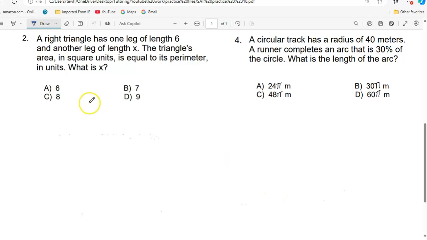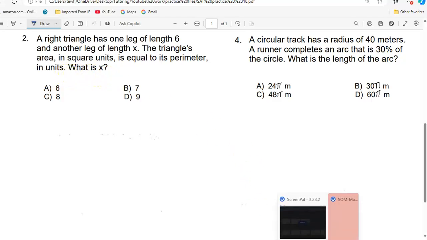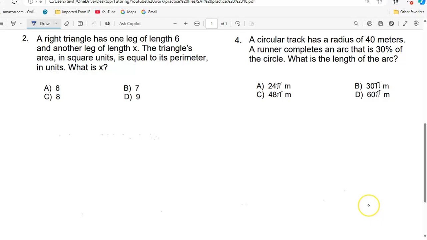For this one, they said a right triangle has one leg of length 6 and another leg of length x. The triangle's area in square units is equal to its perimeter in units. What is x? So we have a right triangle, it looks like that, just a rough graph.